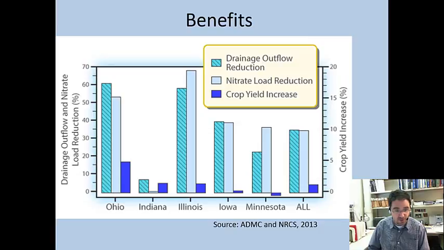So in this case, we're referring to the right y-axis, and so that's about 4 to 5% yield increase, and we have a low of maybe minus 1% or in that ballpark for the crop yield impact in Minnesota. Our site in Iowa, we see essentially no impact on the crop yield where we have the managed drainage compared to where we have the conventional drainage.